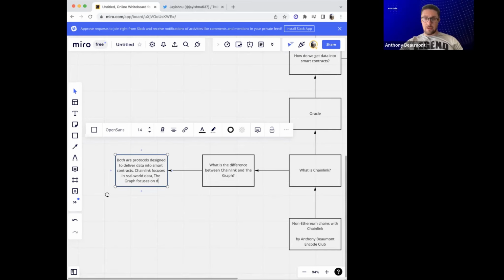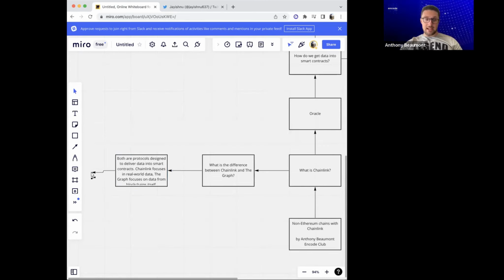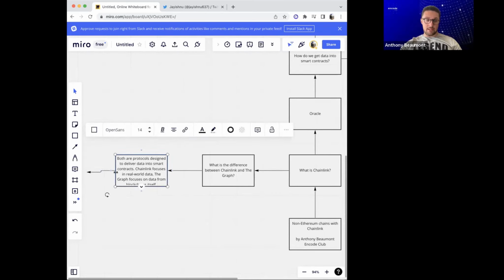The Graph focuses on data from blockchains itself. That's the key difference. So The Graph will listen to a blockchain and get data, and it's more of a strict API, whereas Chainlink is looking for real-world data to bring in. So kind of key difference.